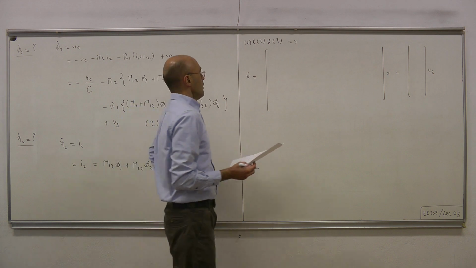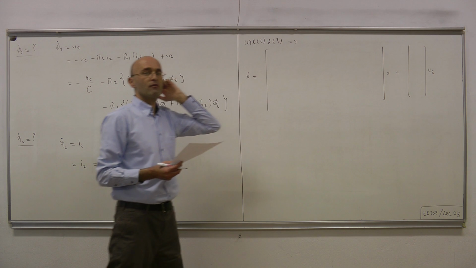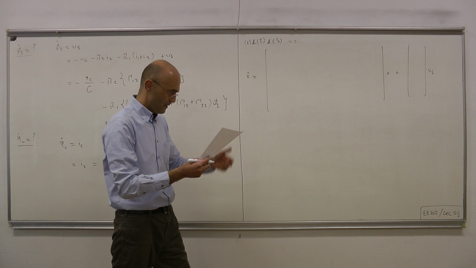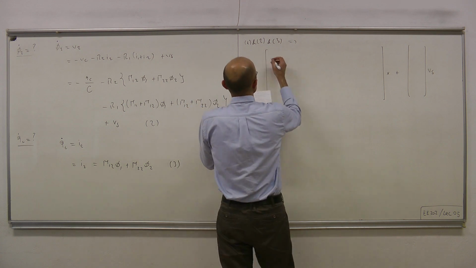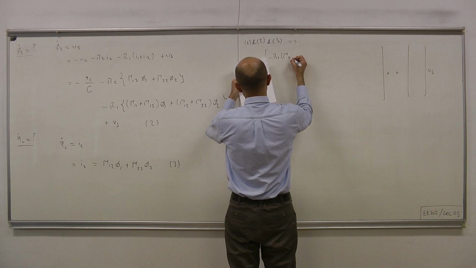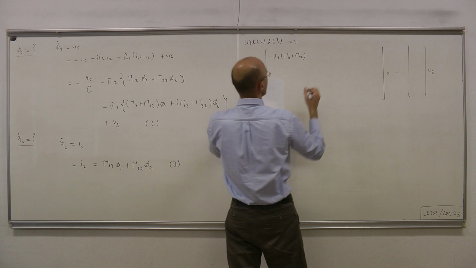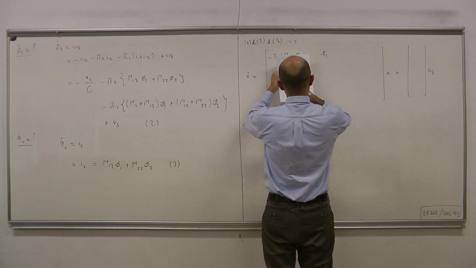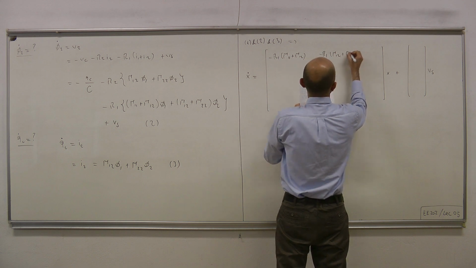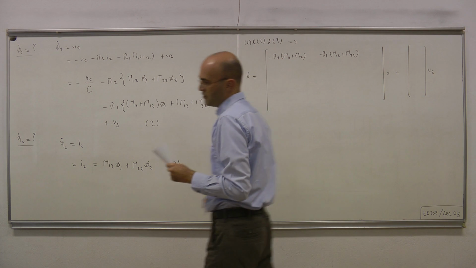Okay. So the first state variable is phi 1. So for the first row, we have to look at the phi 1 dot equation, which I just erased. It was here. So what we have is minus R1 times gamma 1,1 plus gamma 1,2 times phi 1, minus R1 times gamma 1,2 plus gamma 2,2 times phi 2, plus 0.